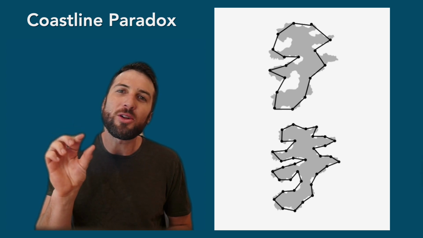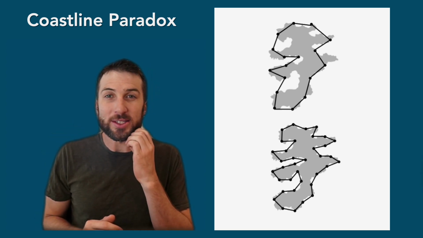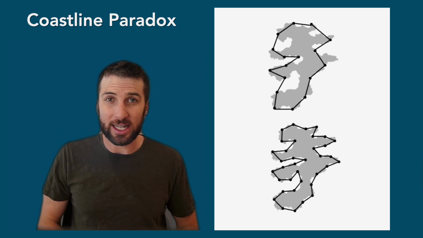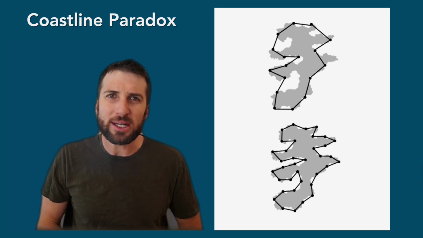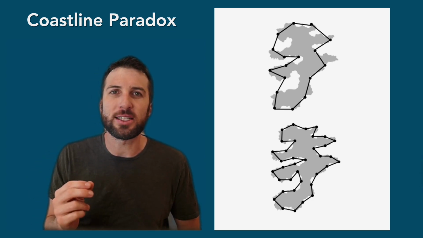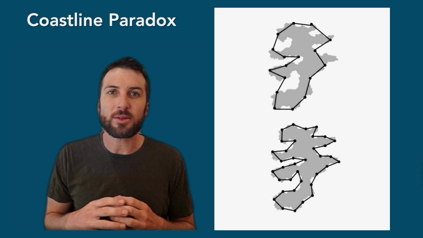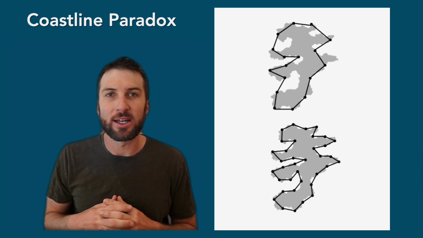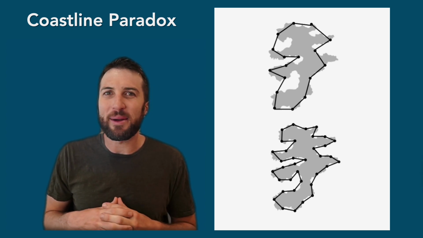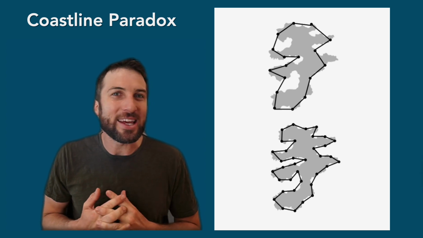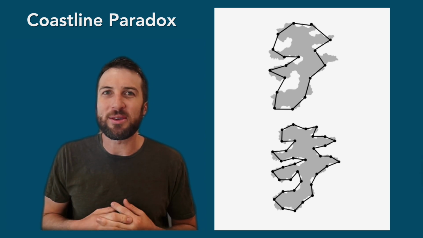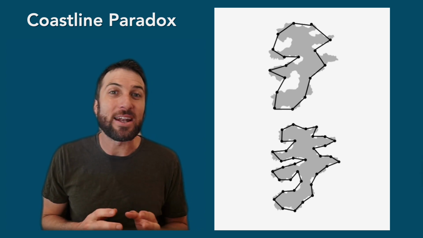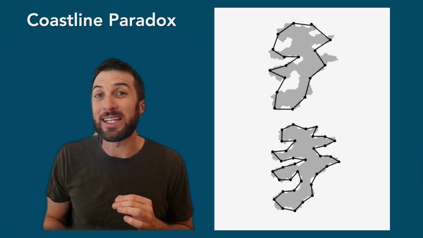If you're using smaller distances, a higher resolution, it creates a more detailed version. Typically, when you have smaller and smaller distances for the resolution, the boundary length increases. So this is called the coastline paradox, that the boundary length of an island, a coastline, may actually not be fixed, but it may depend on the resolution at which it is measured.